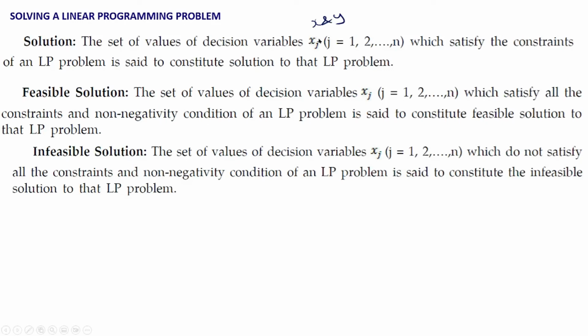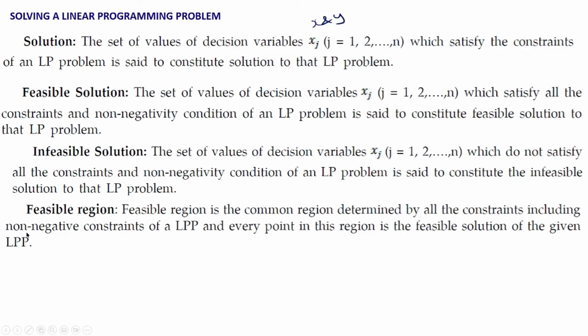The set of values of x and y which do not satisfy all the constraints and the non-negativity condition is called an infeasible solution to that problem. And next we have feasible region. The common region which is determined by all the constraints, including the non-negativity constraint, of a linear programming problem is called the feasible region.